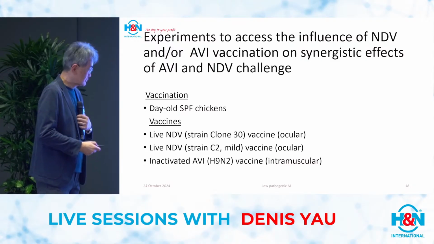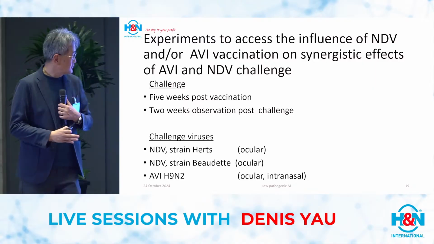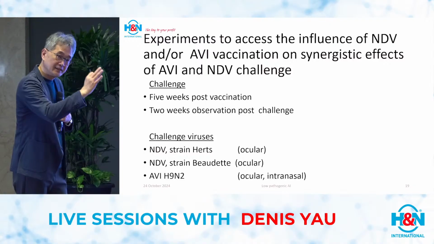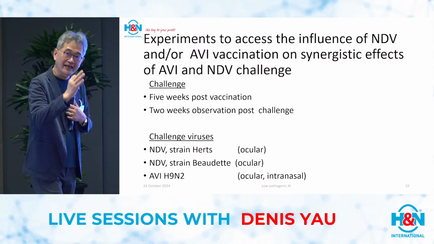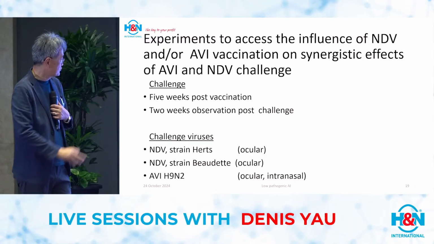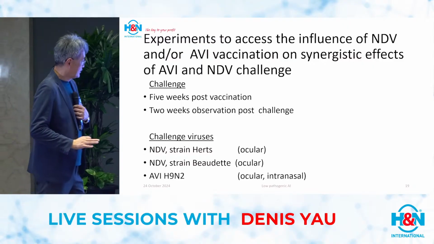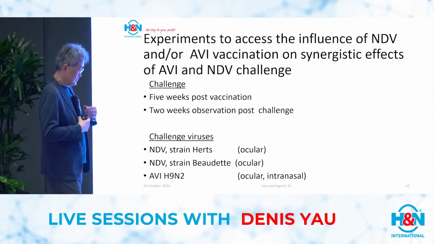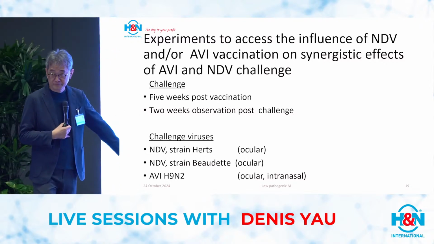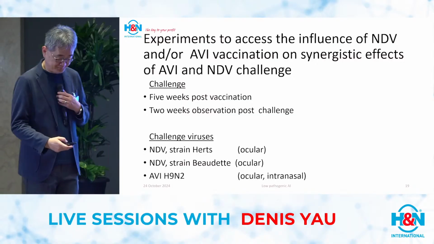And then after that we do challenge. Day old we do vaccination, both H9N2 and live ND. And then 5 weeks after we do the challenge, and we observe for 2 weeks. The challenge virus is the hot velogenic strain, mild mesogenic strain, and H9N2.